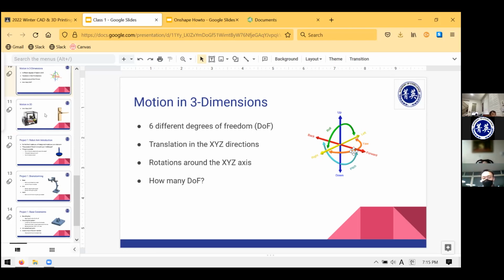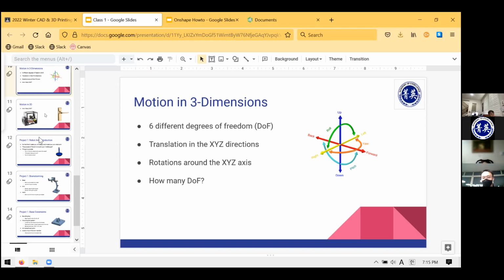In some contexts, you might see these referred to as roll, pitch, and yaw. For example, if you've ever dealt with airplanes or spacecraft, you may have heard people talk about the roll of an airplane. Maybe you've heard of doing a barrel roll where the plane is rolling. There's also the pitch and the yaw of the plane.